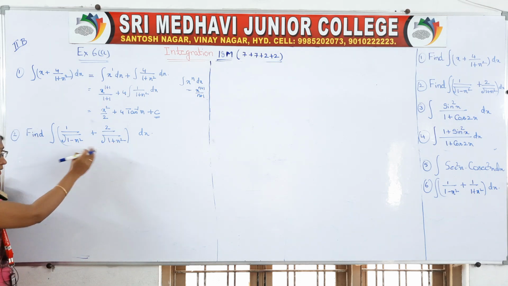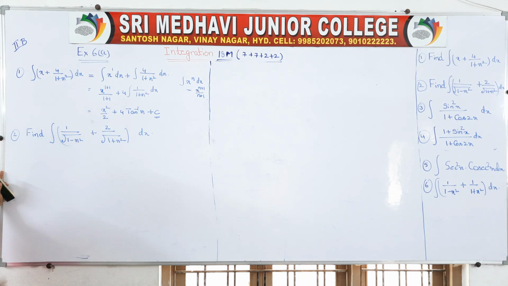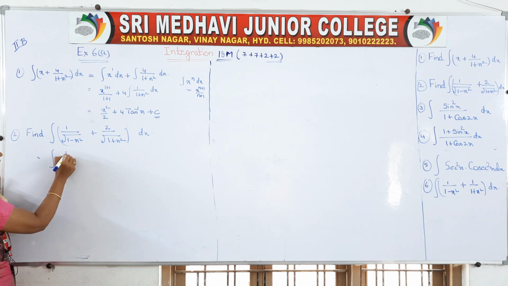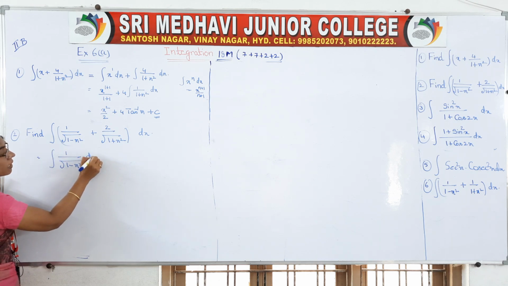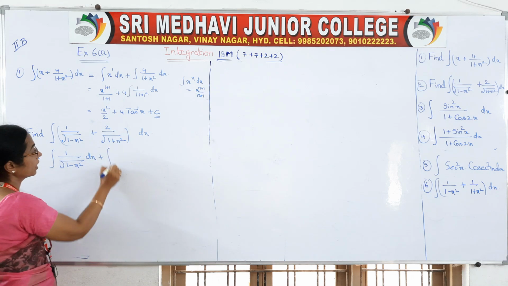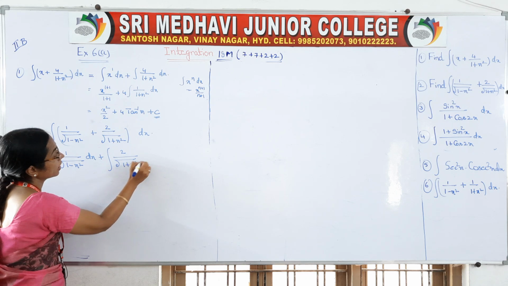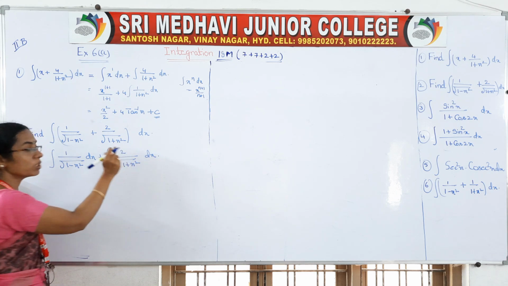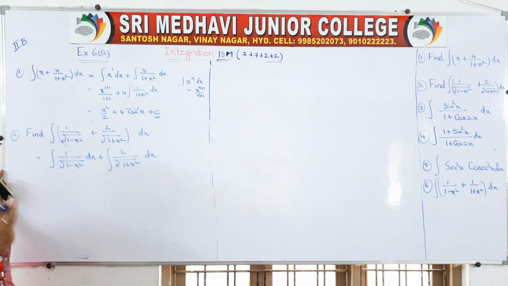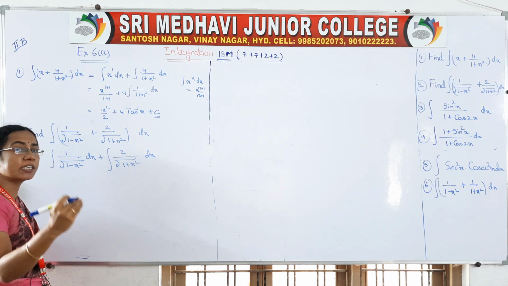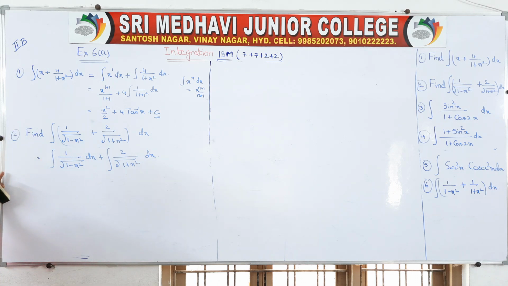Inside the integral, if we are having plus minus sign, we have to take separate integrals. So we can write this as integral 1 by root of (1 minus x square) dx plus integral 2 by root of (1 plus x square) dx. This 2 is again constant. Letters and numbers are constants. Constant into function, we have to write constant outside.